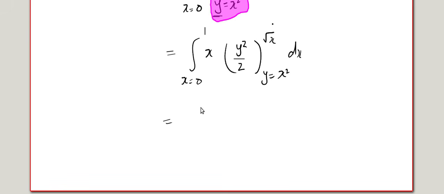And now as usual you have to plug in upper limit minus lower limit. Anyway, I am going to do one thing. This 2 is an unnecessary thing inside the integral, so I am going to put it outside. So I will put 1 by 2 outside.